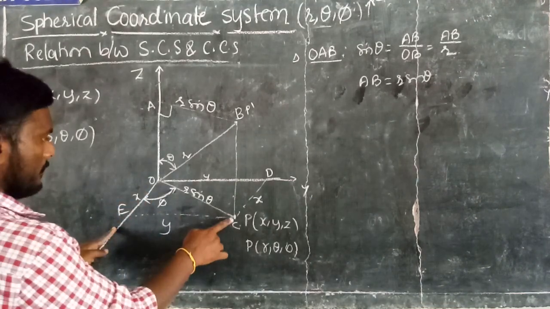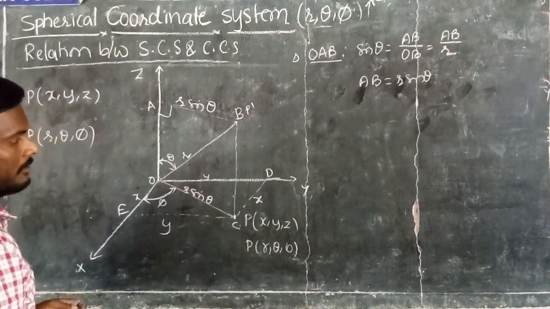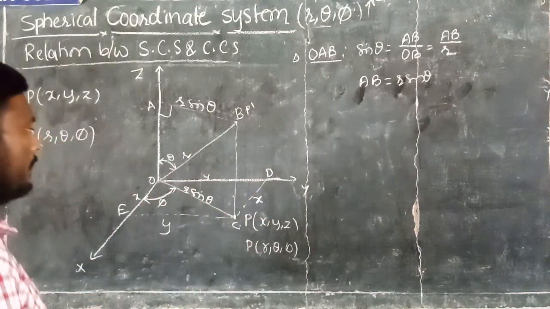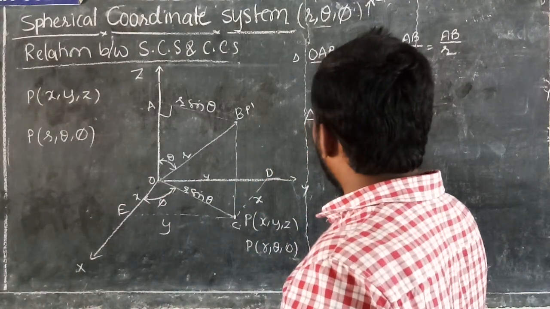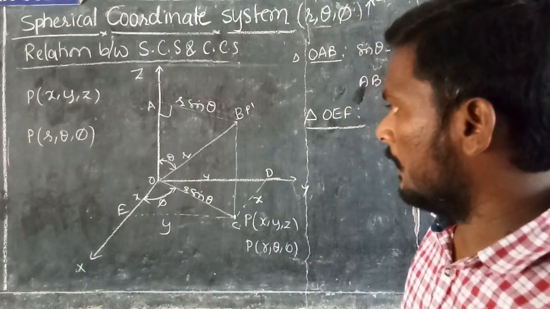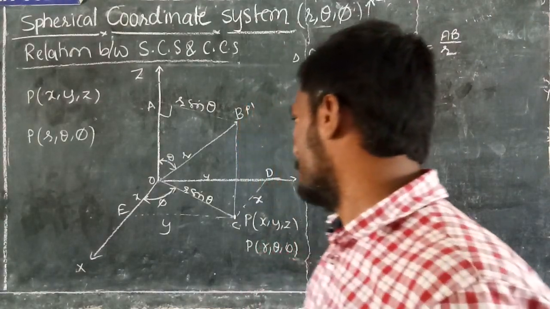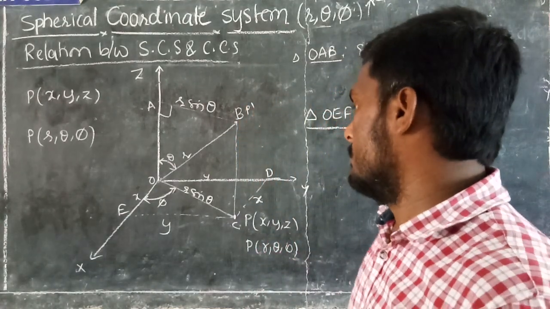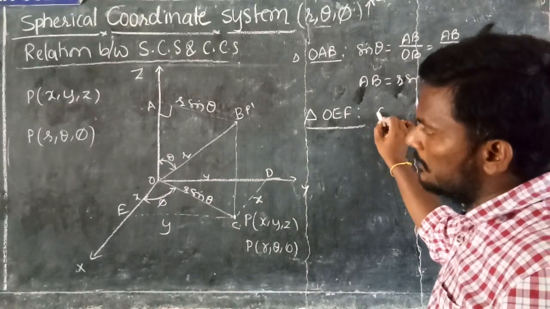Triangle OEC and triangle ODC are also right angle triangles. So from the right angle triangle OEF, apply cos to the adjacent side.